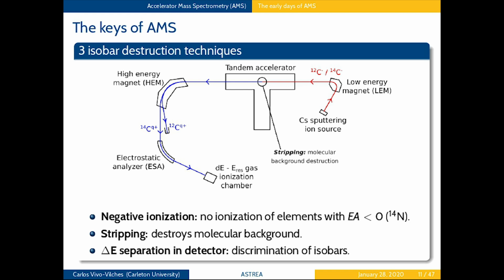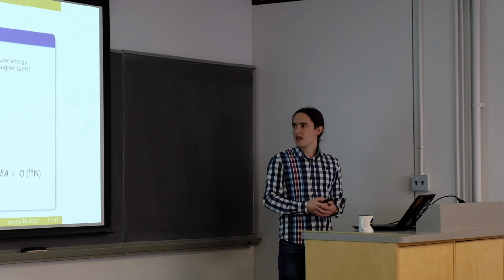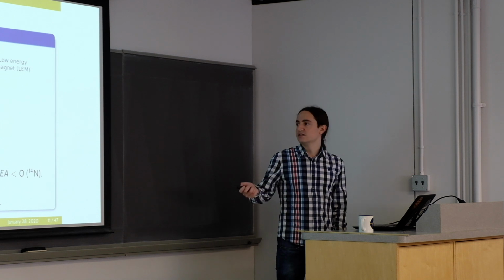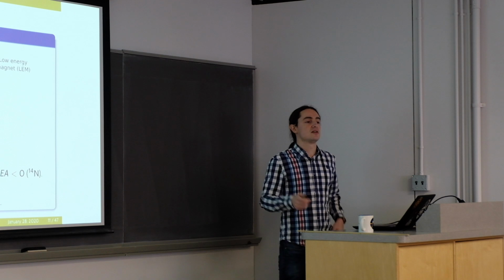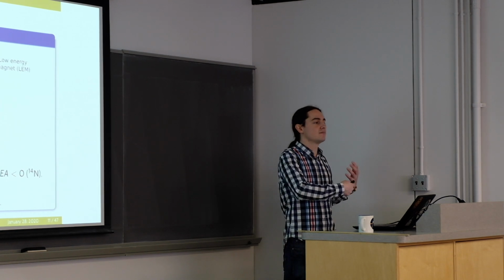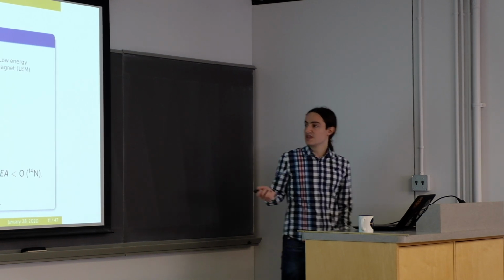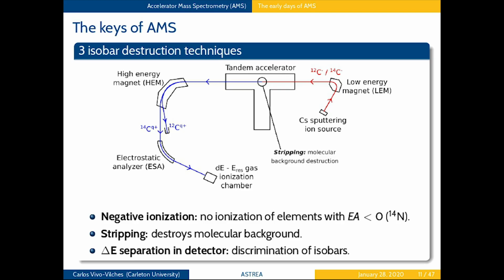And then with another magnet, we do another separation of masses. We typically measure the stable isotope with a Faraday cup because we have currents of microamps or nanoamps, while the radionuclide, which is about 1 trillion times lower than the stable isotope, has to go to an electrostatic analyzer like this to have a better resolution, and then be measured by a particle detector.